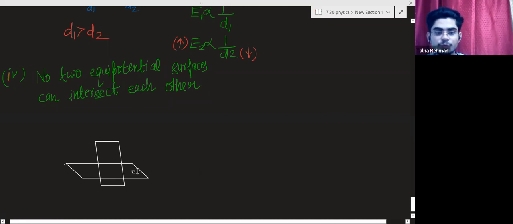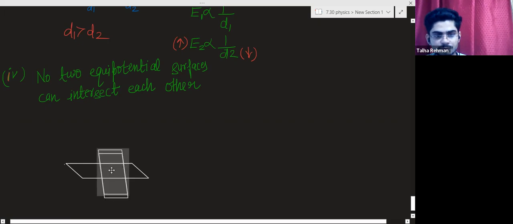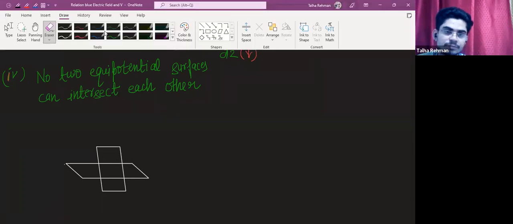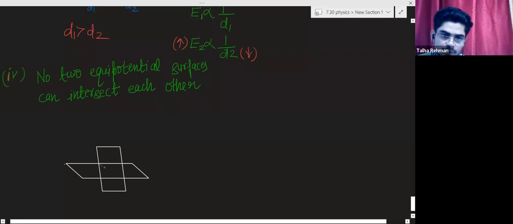So these are two equipotential surfaces. And suppose these two equipotential surfaces are intersecting like this on this line.